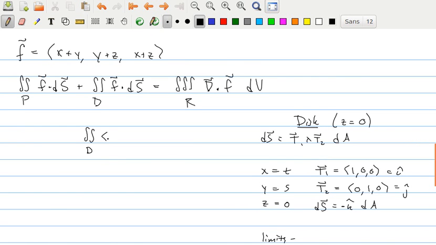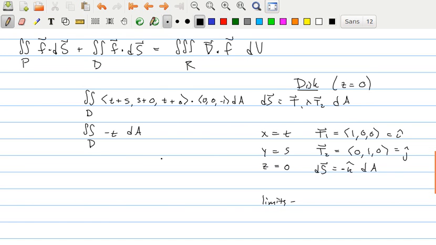Let's expand that out using our parameterization. x is t, y is s, z is 0, and then x is t, z is 0. And we're dotting this with dS, which is (0, 0, minus 1) dA. So this gives us the double integral over the disk. We expand this dot product out. The x components zero out, the y components zero out, and we're left with just negative t dA.